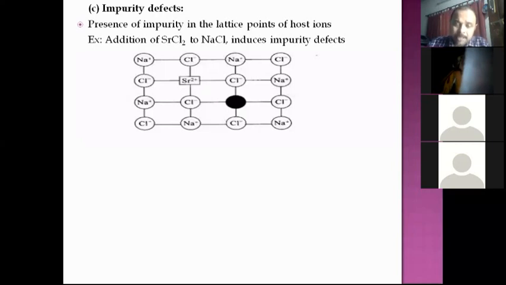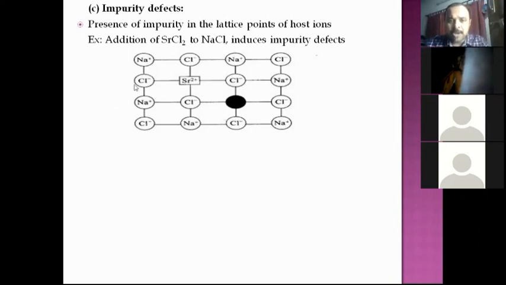Now the problem is with electrical neutrality. One Na+ is equal to one positive charge. One Sr2+ is two positive charges. When one Na+ is replaced by one Sr2+, total positive charge of the solid increased by one unit. To balance the electrical neutrality, neighboring Na+ also will vacate the place. That means for every introduction of one Sr2+, two Na+ will be vacating.